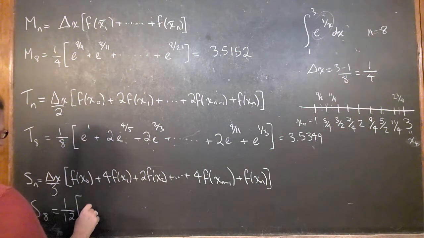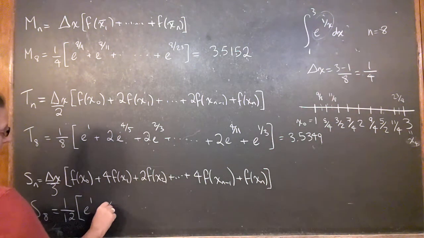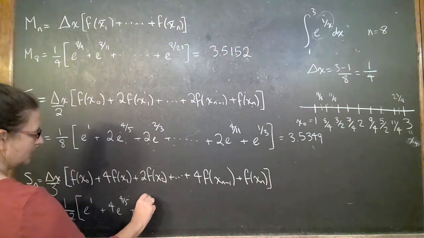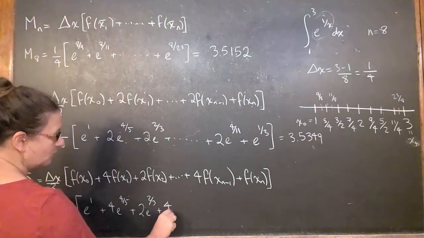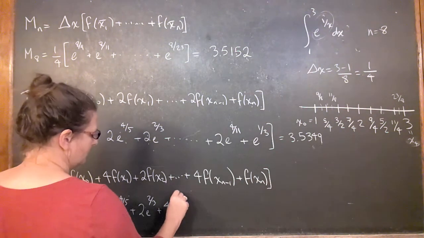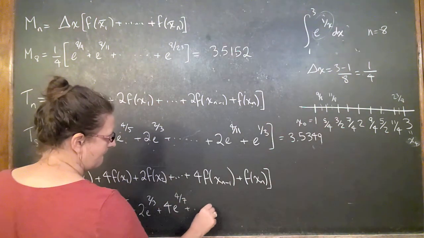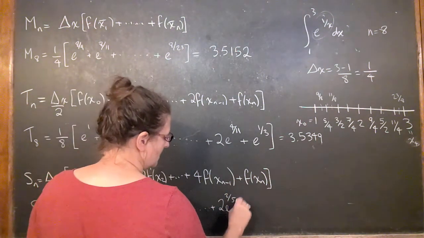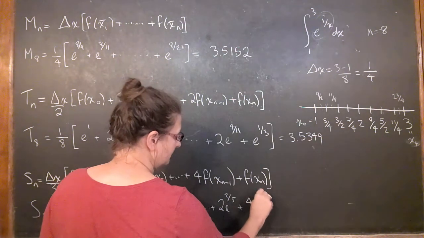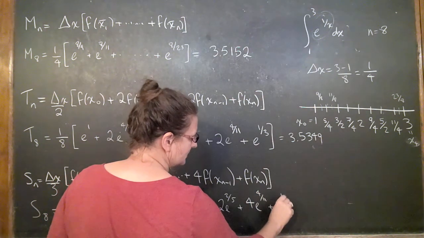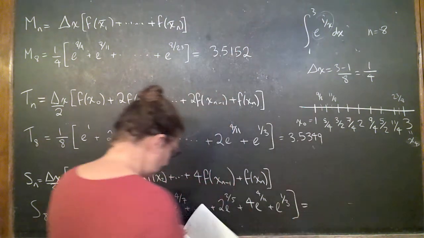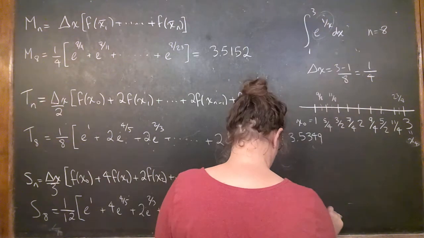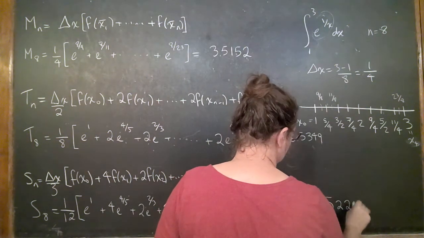Okay, so then I have again e to the 1, but now I've got 4 e to the 4/5 plus 2 e to the 2/3 plus 4 e to the 4/7 all the way to e to the 2/5, 4 e to the 4/11, and my last one is e to the 1/3. Anyway, I worked this one out. It's 3.5224.